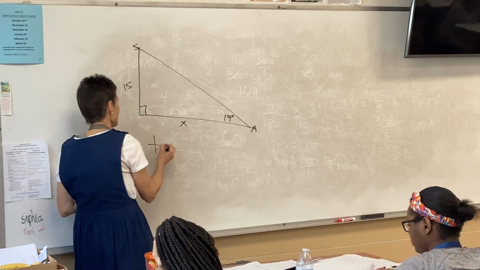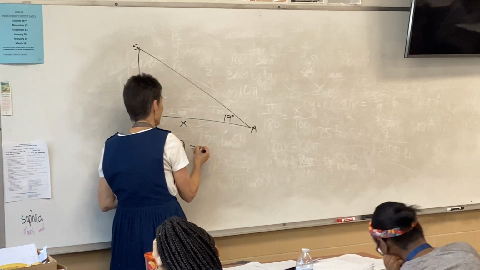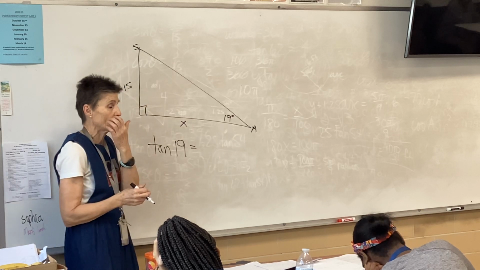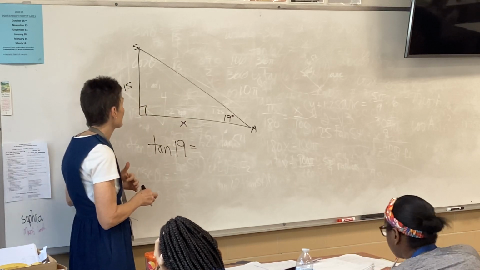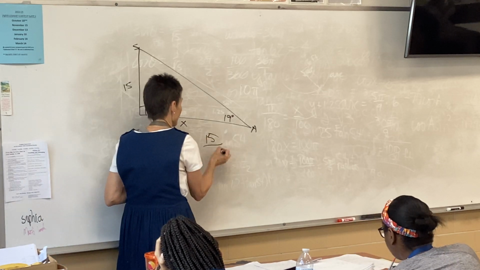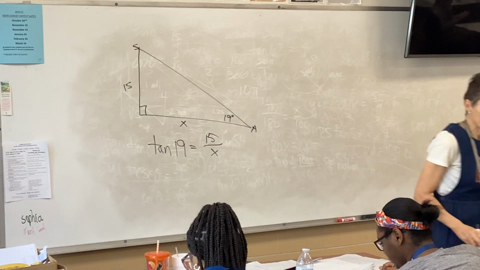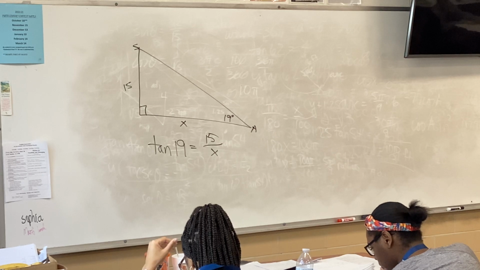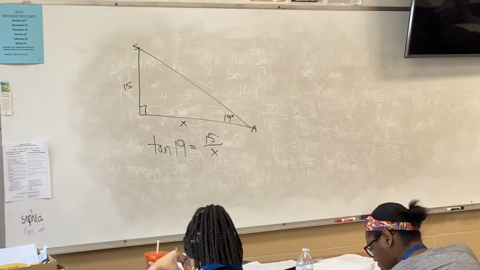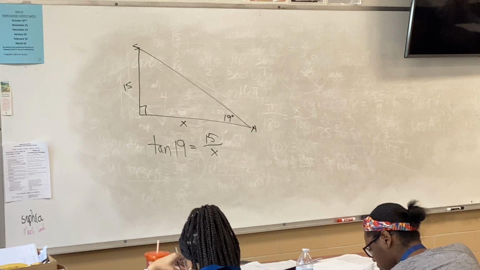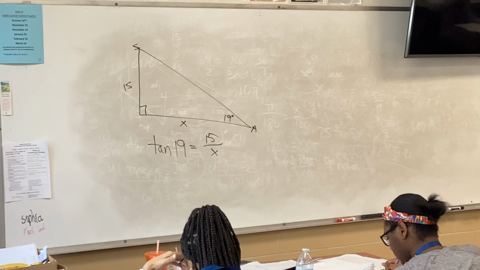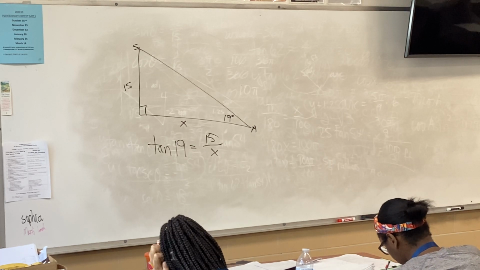So tangent 19, the angle always goes with the tangent or the sine or whatever. So tangent 19 equals opposite over adjacent. So then we clear fraction, multiply by x, and then divide to get x by itself.